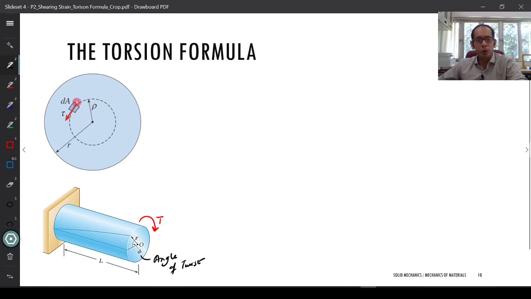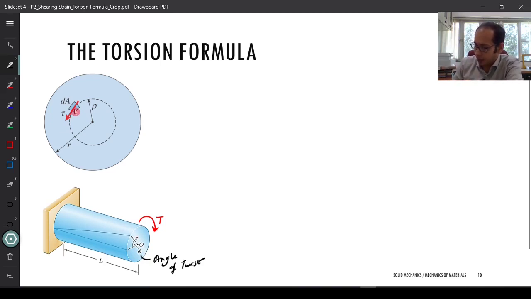So if the force is acting as tau times dA, and the distance of this element from the centroid is rho, right? What is the moment that this particular element is imposing about the center? Since I'm working with a very small element dA, my very small moment is going to be, say, dM over here, right?